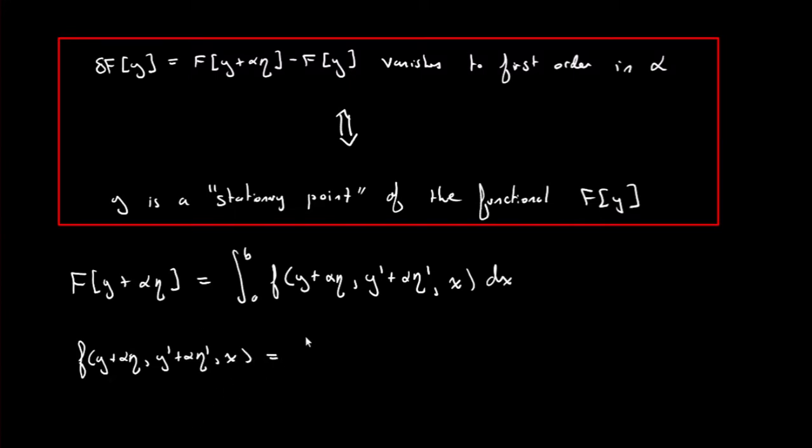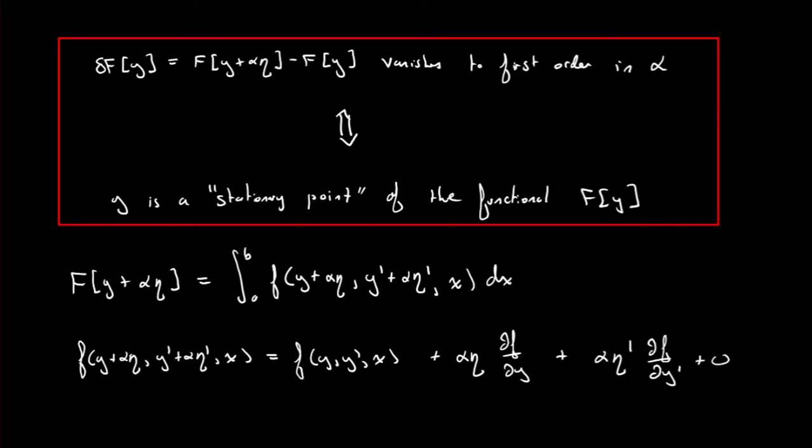We use Taylor's theorem to expand this, and we get f of y, y prime, and x, but we also collect plus alpha eta df dy plus alpha eta prime df dy prime, and of course plus higher order terms, so terms of order alpha squared and higher.